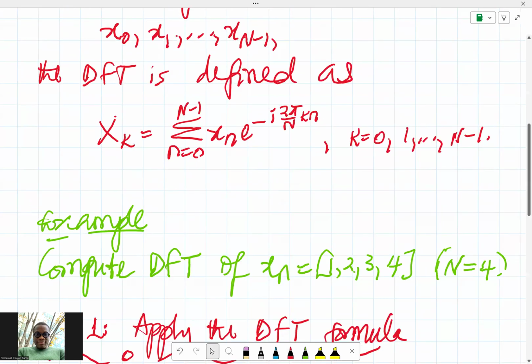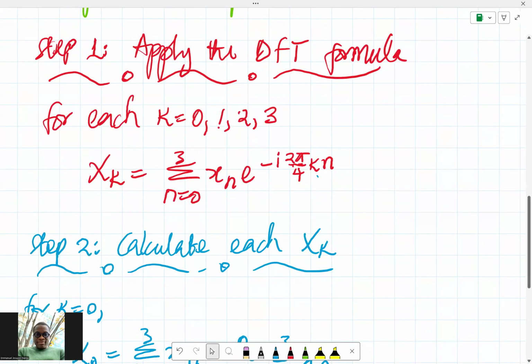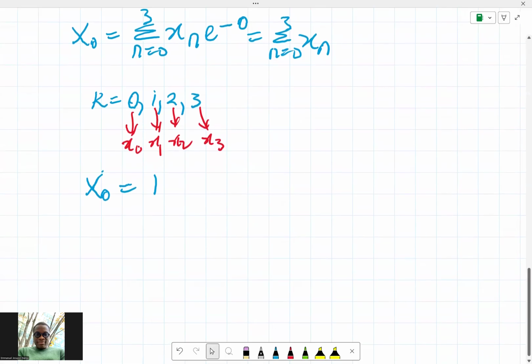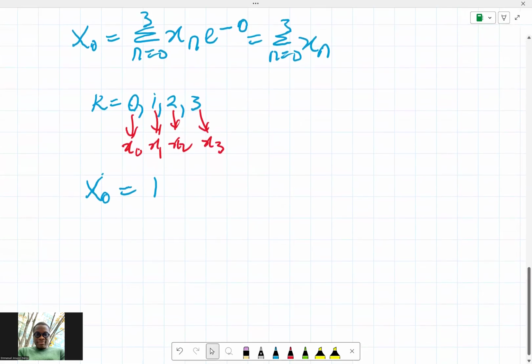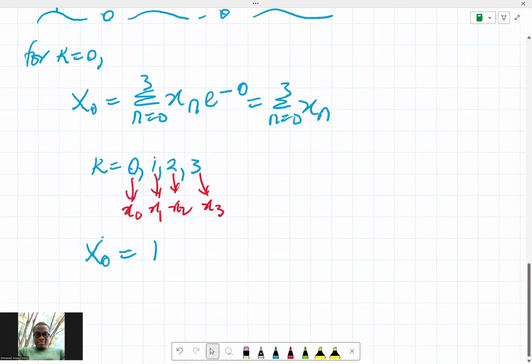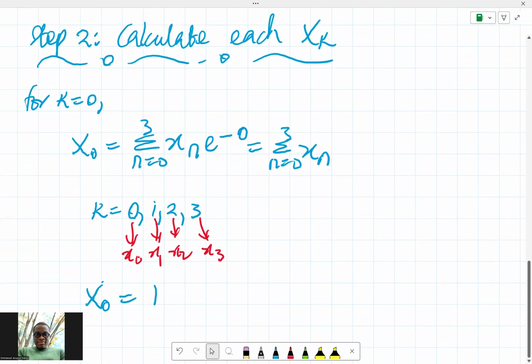Yeah, it's up to N minus 1. I want to be sure this is clear.